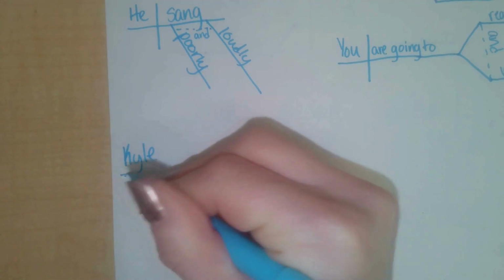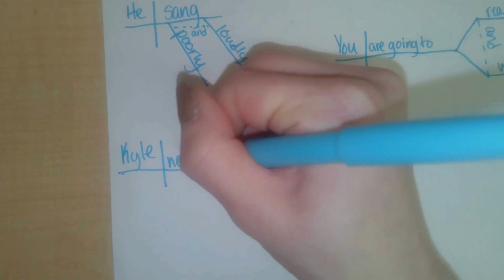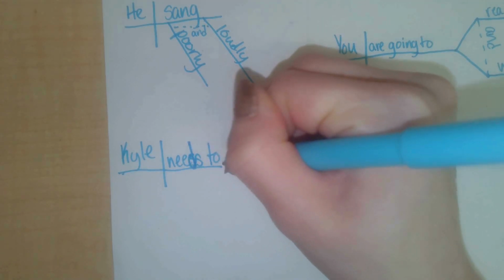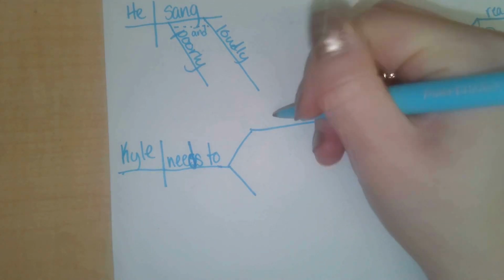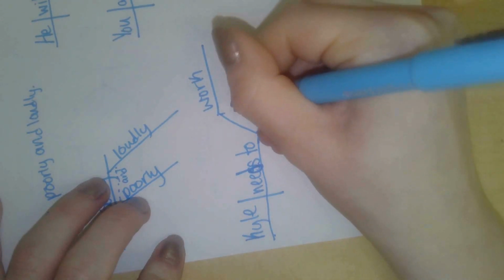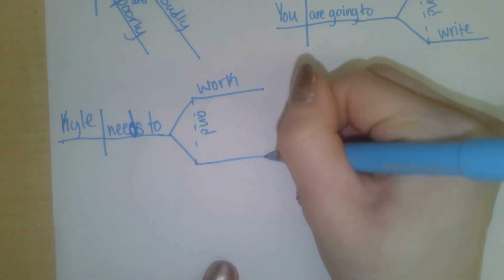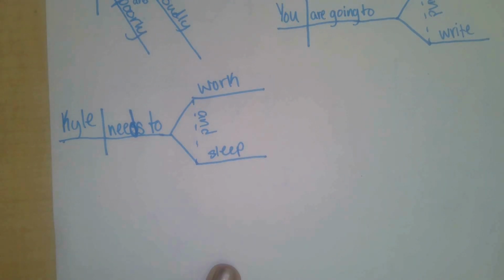He's the one that's doing stuff. What is he doing? He needs to do something. He needs to work. And he needs to sleep. There's your answer.